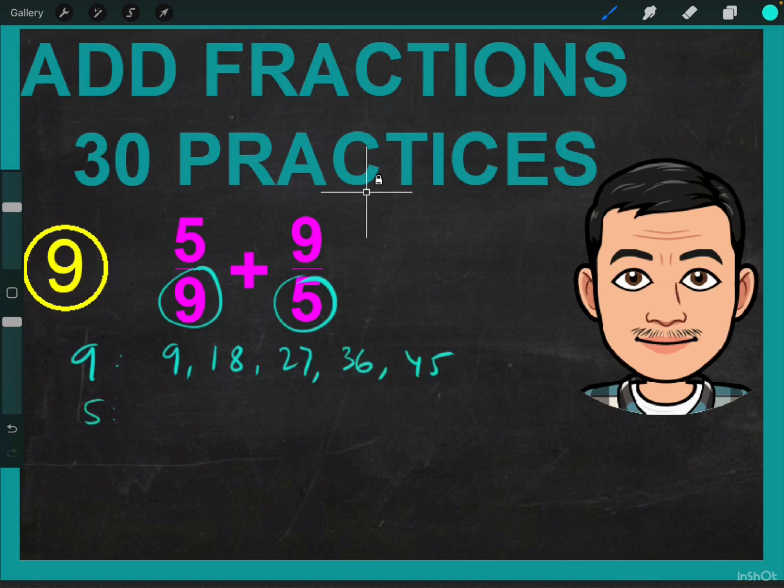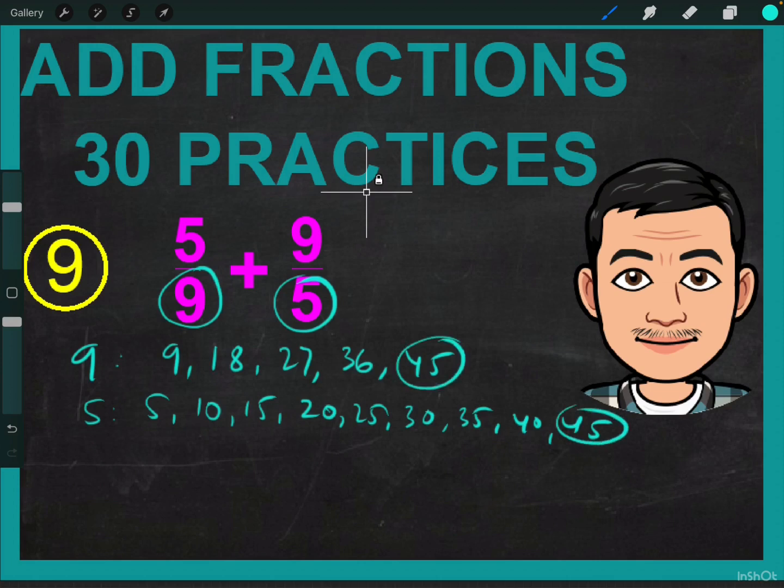For number 5, we have 5, 10, 15, 20, 25, 30, 35, 40, 45. So we can see 45 is the LCM of number 9 and number 5.